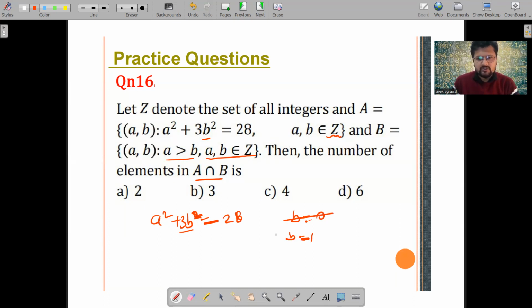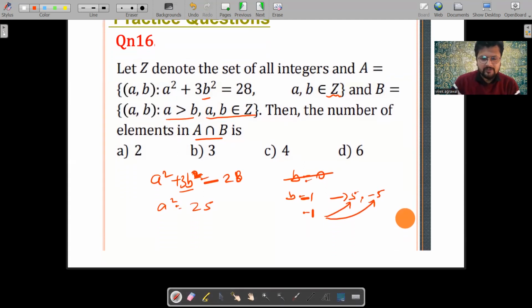Then I put b equals 1. So this will be nothing but 3, right? So a square is equal to 25. So for b equals 1, I'll be getting two values, 5 and minus 5, right? And for minus 1 also, I'll get the same thing, 5 and minus 5. So I've already got 4 values.